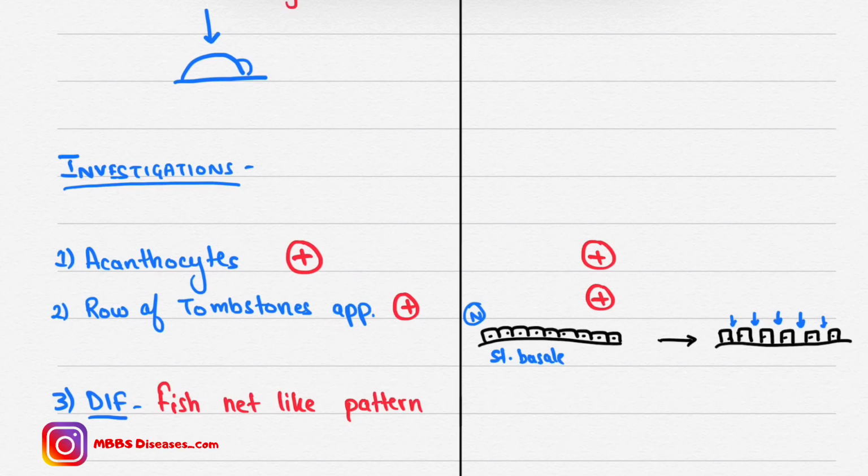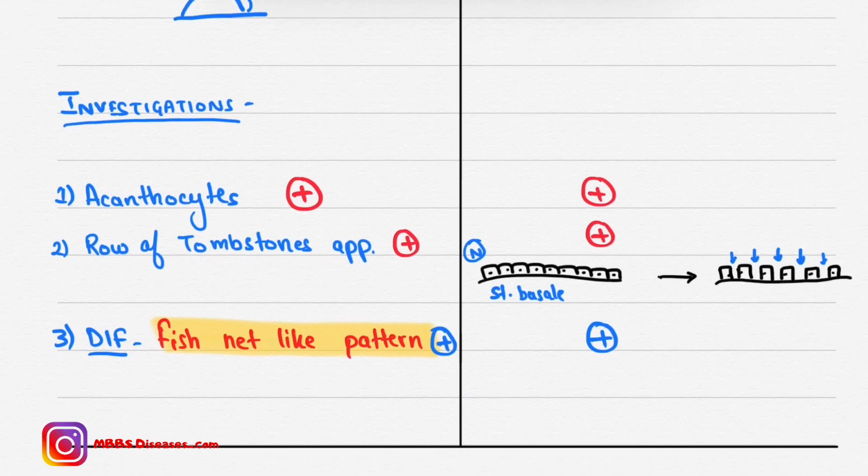Okay, so on histopathology we will get a row of tombstone appearance. Now coming to DIF, which is direct immunofluorescence microscopy. We will get a fishnet appearance on DIF, and it is present in both Pemphigus vulgaris as well as foliaceus.